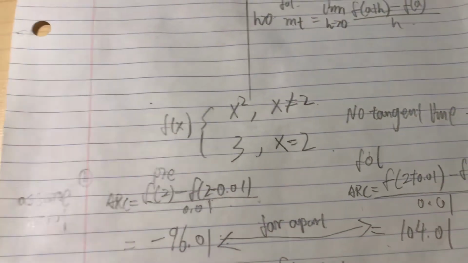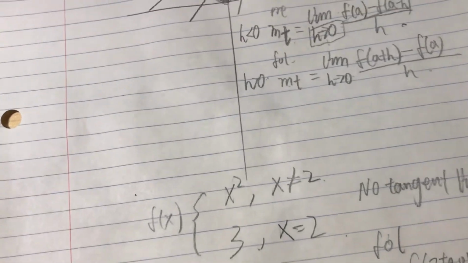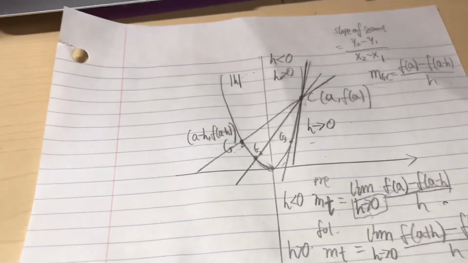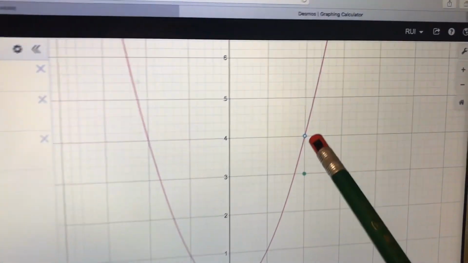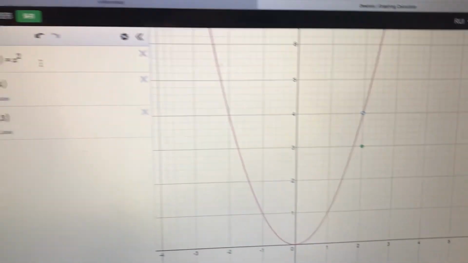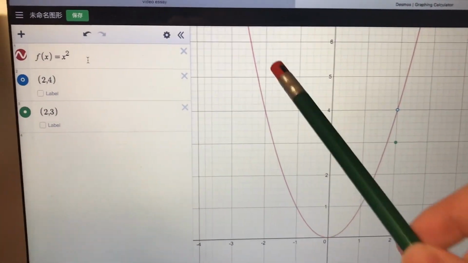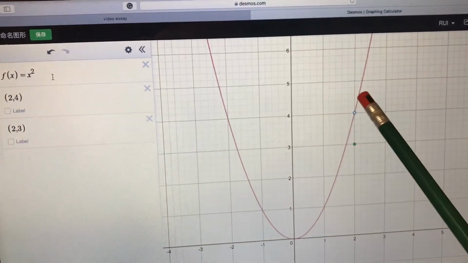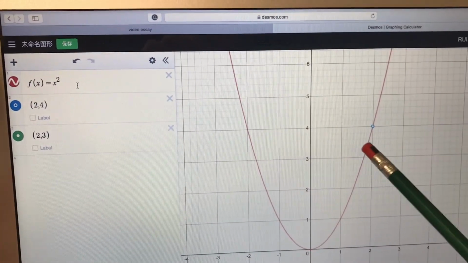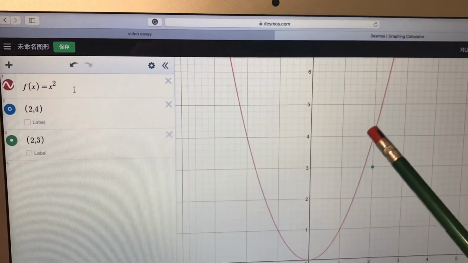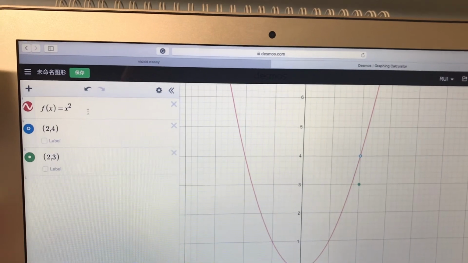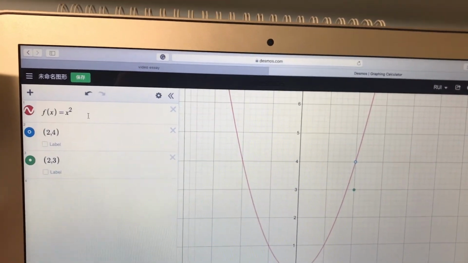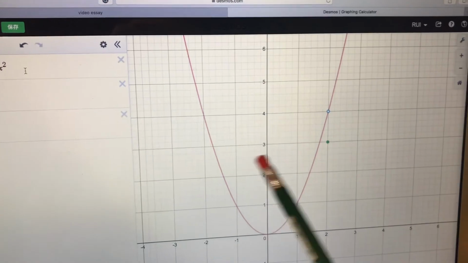But in the question, when x is equal to 2, f(x) is equal to 3. So in the graph, the point (2, 3) should be the hole point. So we can see the graph is not continuous because (2, 4) is a hole. And this is the second reason why this graph has no tangent, because the graph is not continuous.